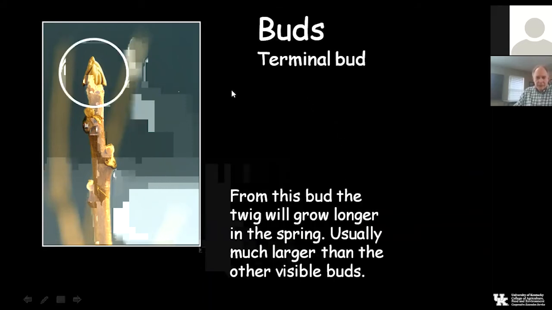First of all, this is referred to as the terminal bud. It is the bud that is shooting straight up, and it's the one that is going to put elongation into a horizontal position. And it's usually, in most cases, much larger than these other buds.